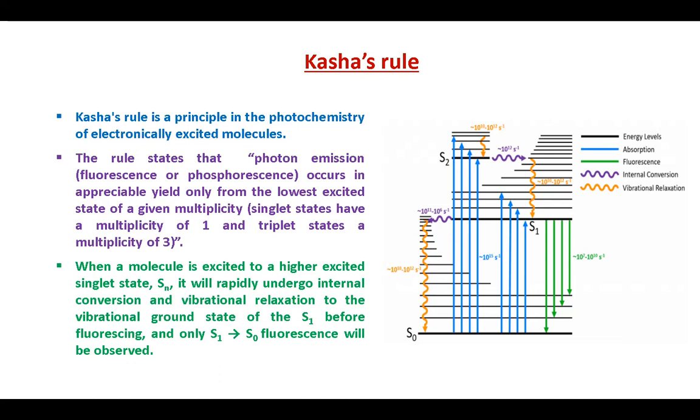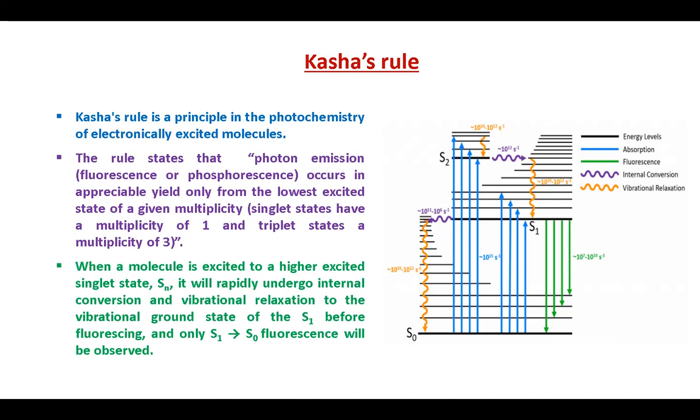Kasha's rule is a consequence of the fact that, in complex molecules, the rate constant of internal conversion and vibrational relaxation from the higher lying electronic levels is significantly greater than the emission rate constant back to the ground state from those levels.